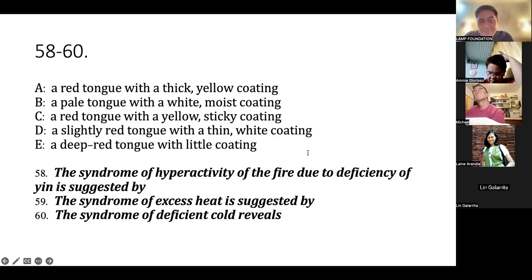Normal naman yata yan, Doc. Qi stagnation. Thin white coating pa rin. Normal yan. Di ba sinabi ko, pag qi stagnation, parang normal na rin. So that's normal. Very good observation. Hindi naman talaga red yung tongue eh. Ano ba normal kulay ng tongue? Pale red. Or pink.